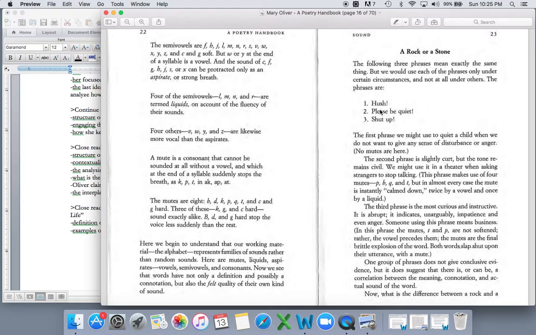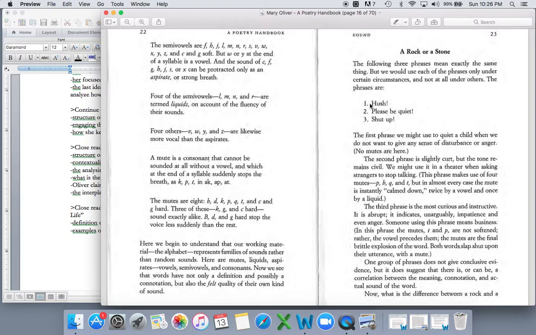But here she starts her first example of what she means by sounds not being random, but being chosen, and also having a felt quality, meaning having an emotional or tonal response. And she goes on to give us an example of something that we understand in our daily lives. She gives us the example of saying, hush, please be quiet, or shut up.